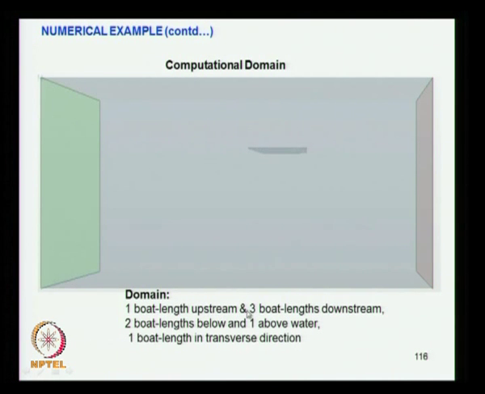It is taken as one boat length upstream and 3 times the length downstream, and 2 boat lengths below, to get a deep water condition, and 1 above to include the air part, then 1 boat length in the transverse direction. Usually you model only half of it because it is symmetric.